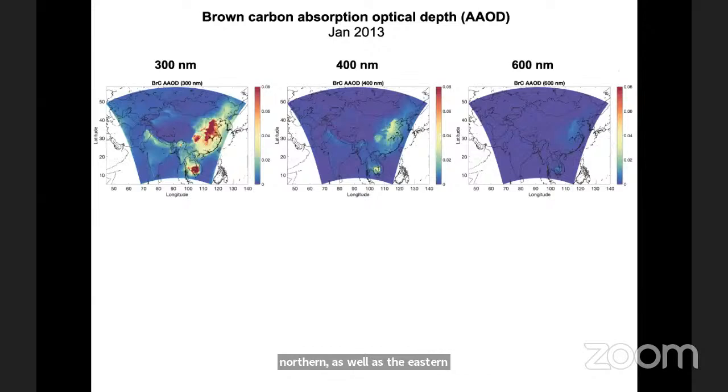Here I'm showing you the aerosol absorption optical depths for the brown carbon at different wavelengths as the output from WRF-Chem. What we see is that the main absorption for brown carbon actually occurs at near-UV wavelengths, which is 300 nanometers, and it decays very fast as we go to longer wavelengths.